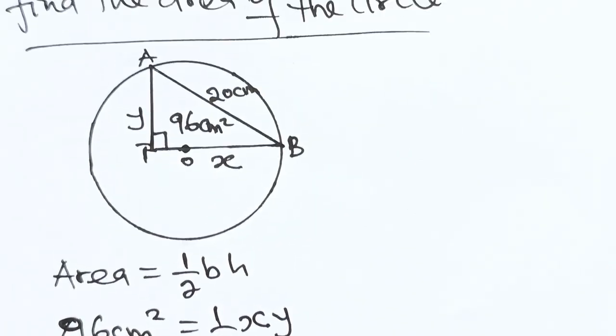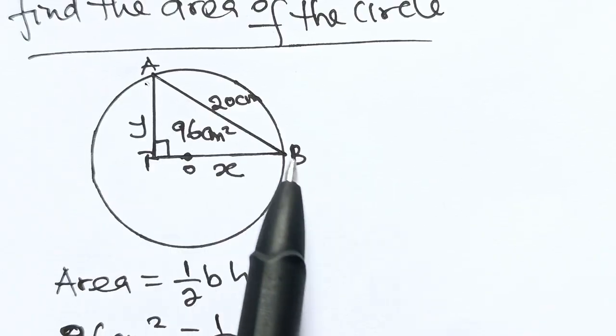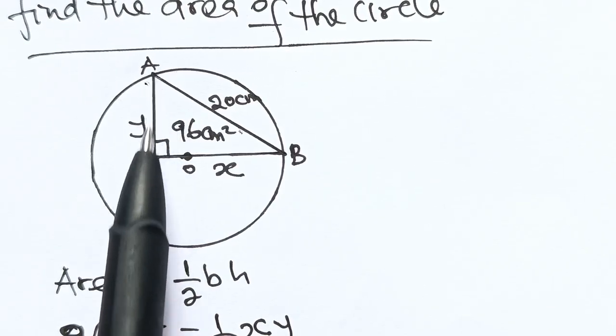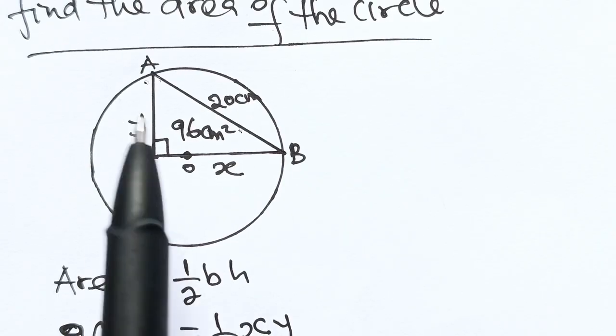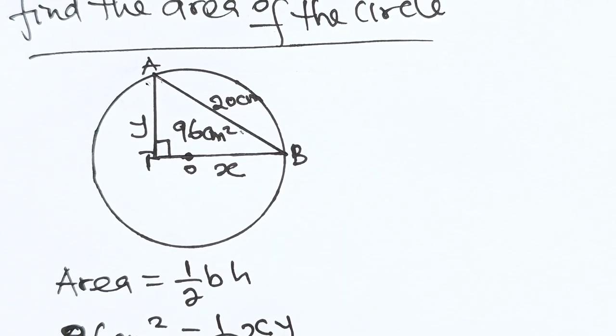Now let's go back again. We are given length AB as 20, and this is a right angle triangle. Let's go ahead and find what x squared plus y squared is using the Pythagorean theorem.